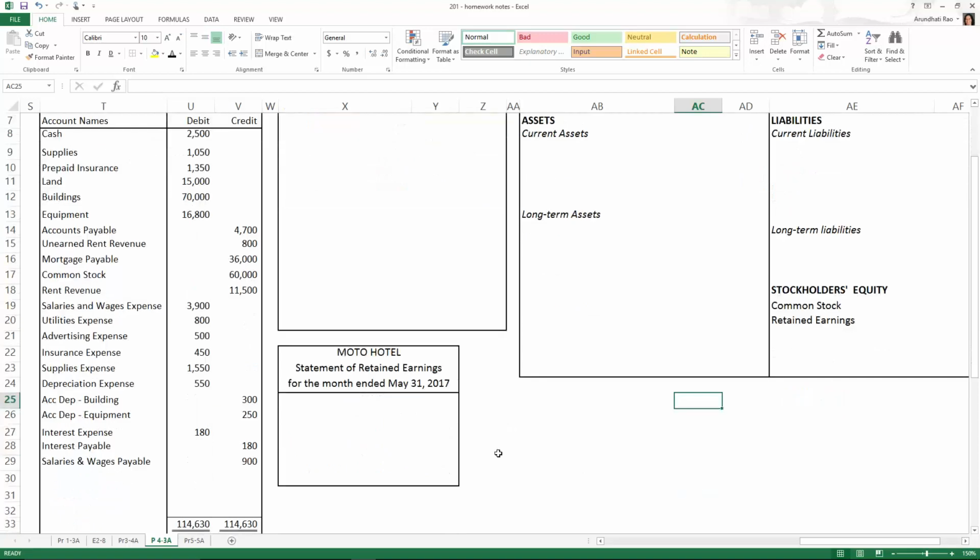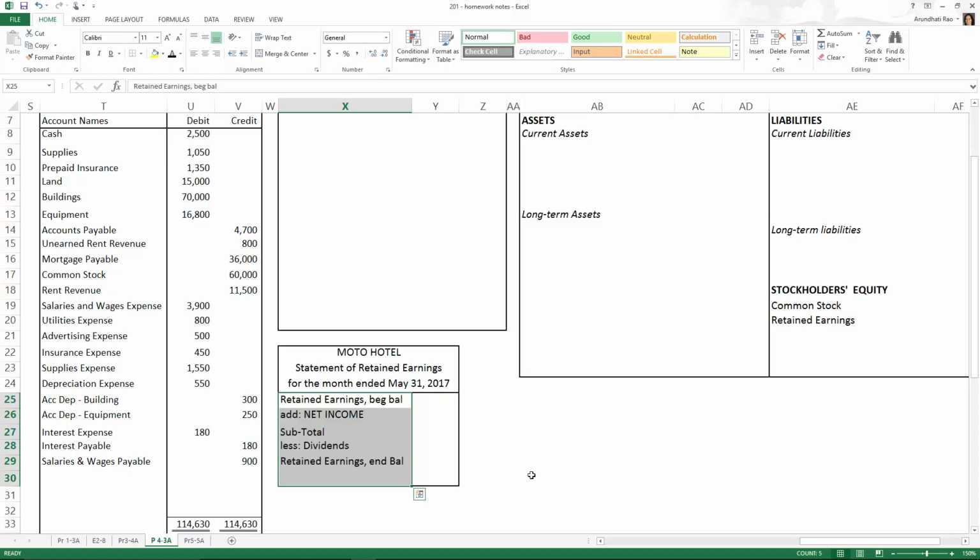Okay, what else do we know before we proceed? We know how to prepare our statement of retained earnings. Retained earnings beginning balance, add the net income, we calculate a subtotal, we subtract dividends, and then we have retained earnings ending balance. You'll notice in this particular problem, we didn't issue any dividends, so you could skip that if you wanted to.